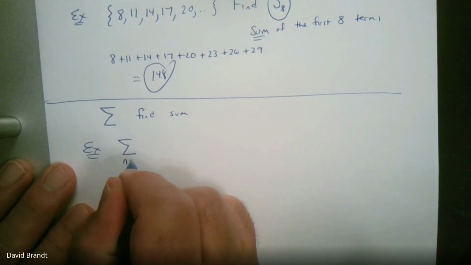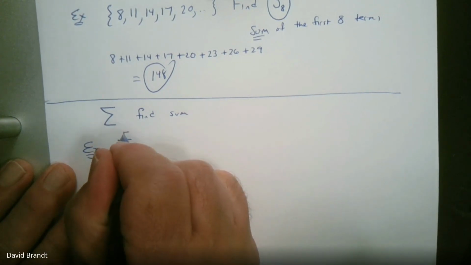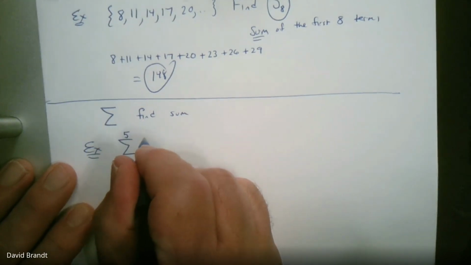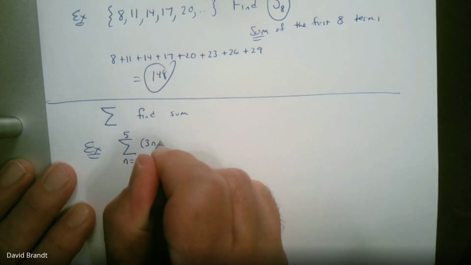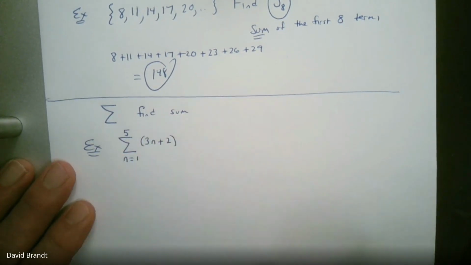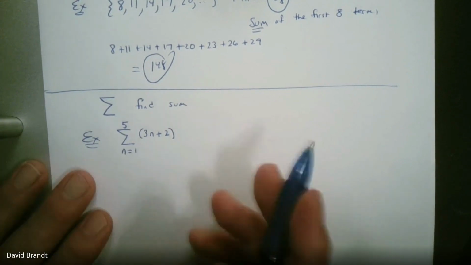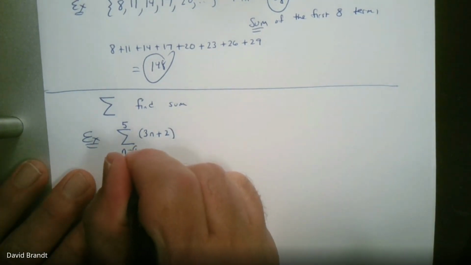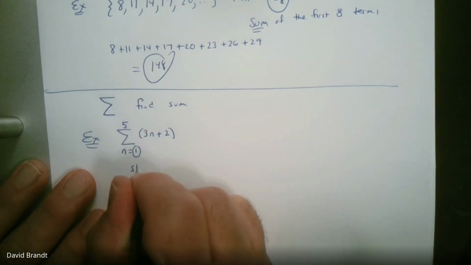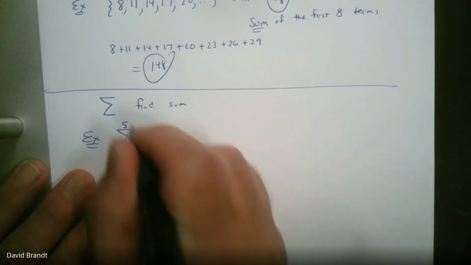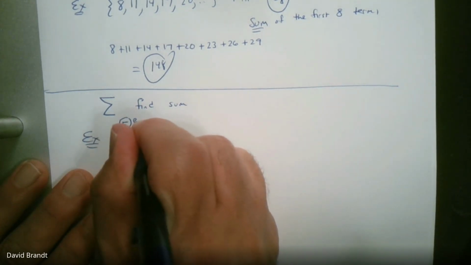It'll be n equals, say, 1 to 5 of 3n plus 2. It looks really weird, but it also means find the sum. This is where you're going to start. You're going to start with 1 and end with 5.